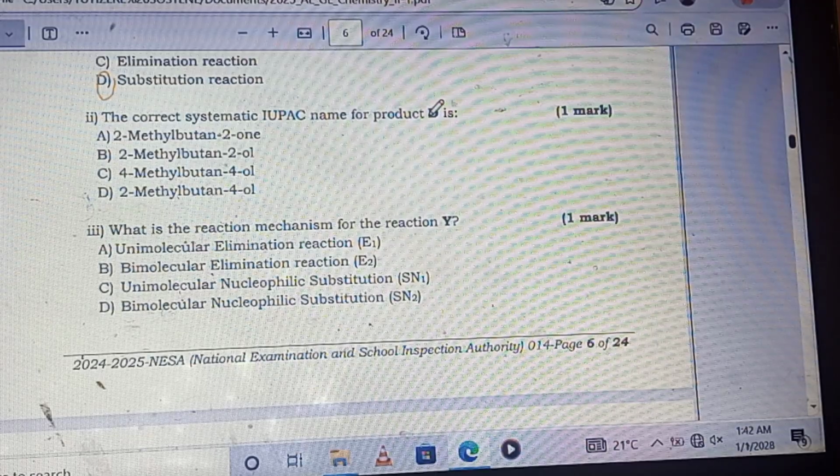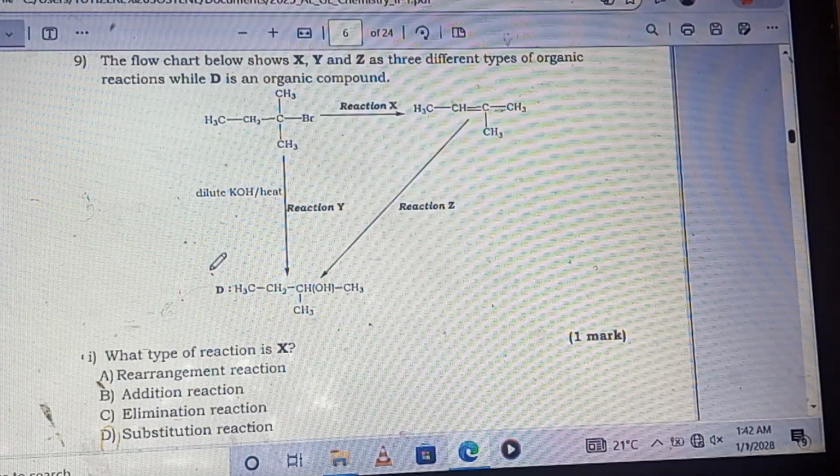I2, what is the systematic IUPAC name for product D? This is product D. As you number 1, 2, 3, 4, the branch is on position 2.